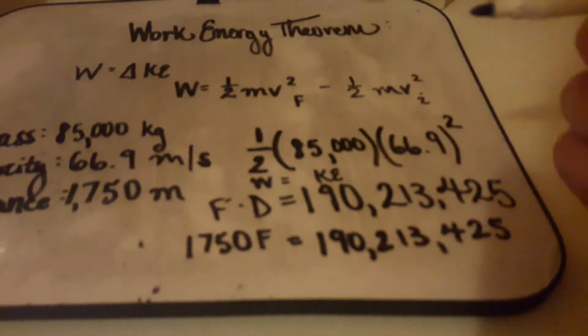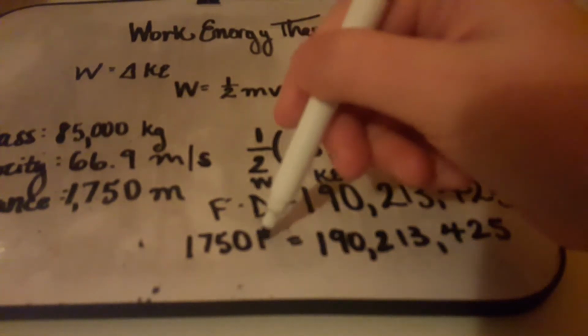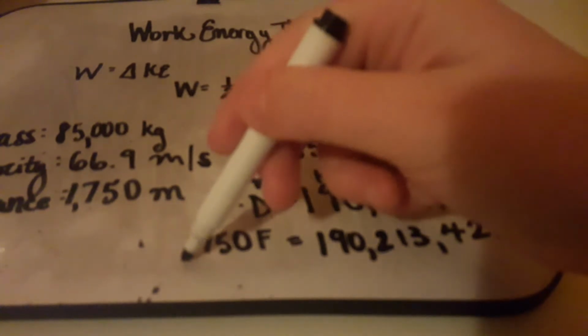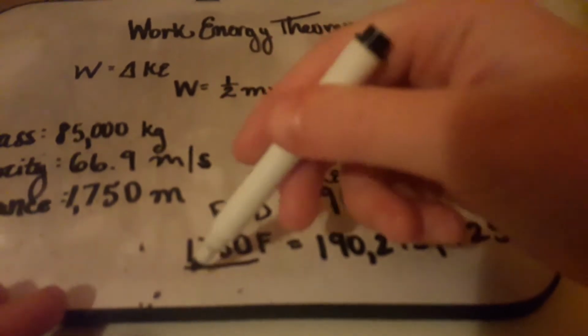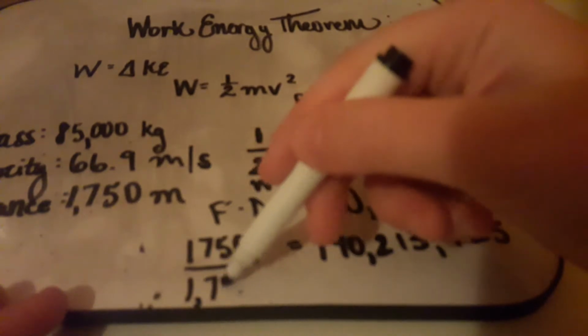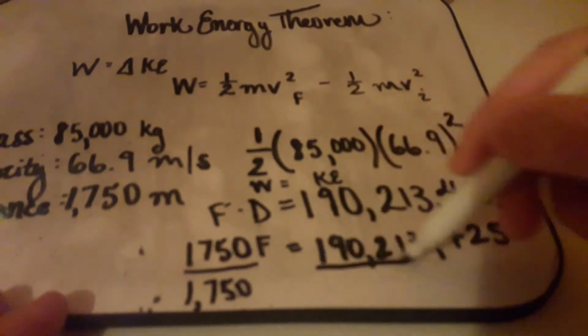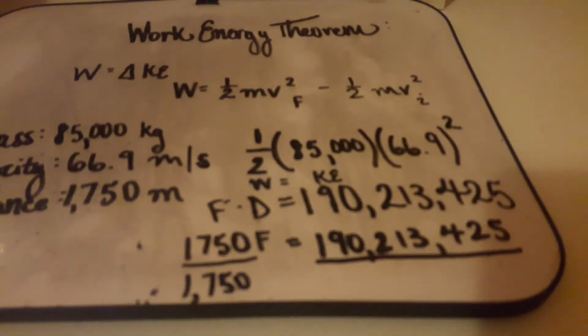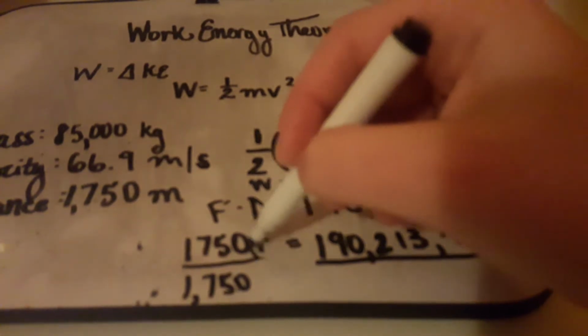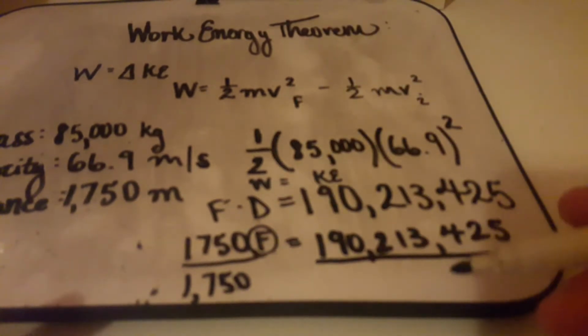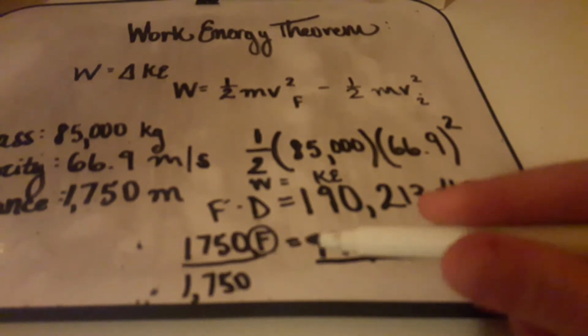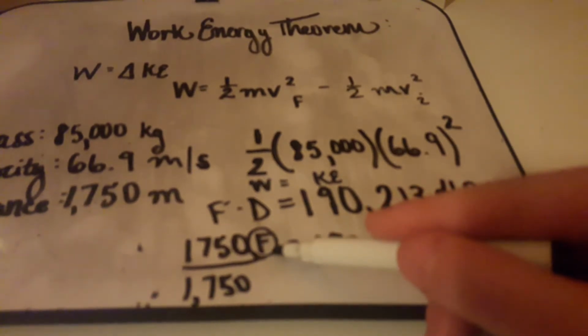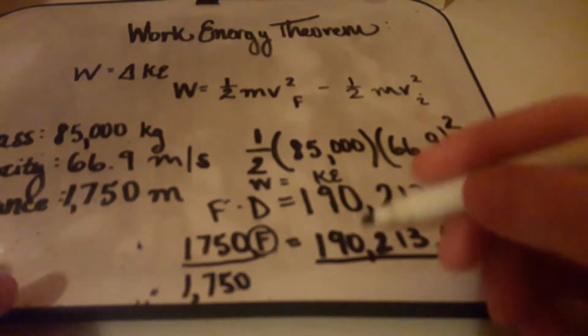So now to solve for this variable, we're going to divide the kinetic energy by the 1,750, and from there, we'll be able to solve for the force. And this completes this whole equation of the work energy theorem, because we fill in the missing value, which is force.